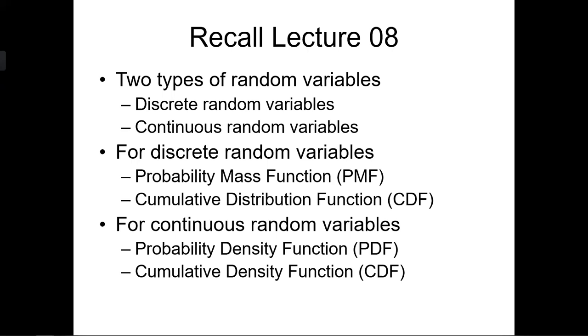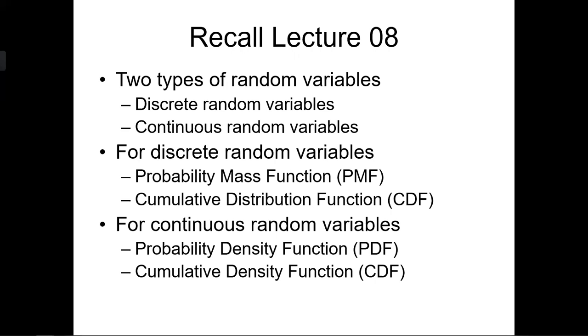At x equals 1, I have some probability. At x equals 2, I have some probability. At x equals 3, I have some probability. These are discrete. But if I say I have probability between 0 and 1, and 1 and 2, all that continuous range, then it's continuous, because it exists between those dots. The probability exists between those points.